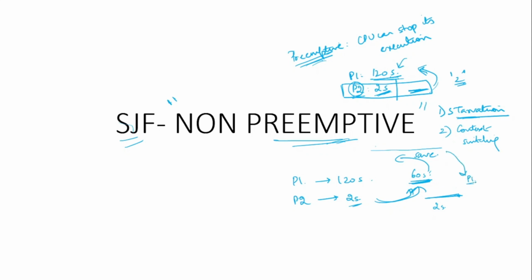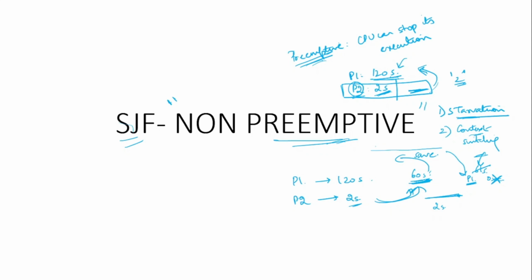Because now the execution will start from the 61st second, not from the 0 second. So context switching is saving the state of the old process whenever a new process comes in and needs the CPU.